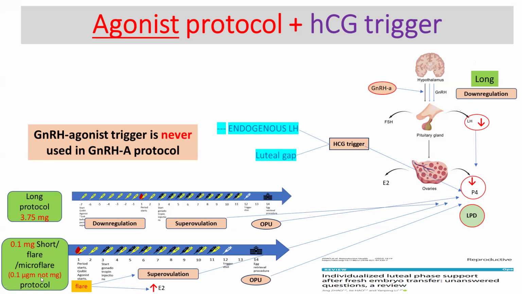Regarding the short protocol, it starts from day 2, which is the flare protocol, 0.1 milligram daily. Again, flare is not associated with downregulation, but causes superovulation, and ovum pickup and trigger again can cause the luteal phase defect. So every one can lead to luteal phase defect, but the long protocol is more, by making down regulation, which is not present in the short protocol.